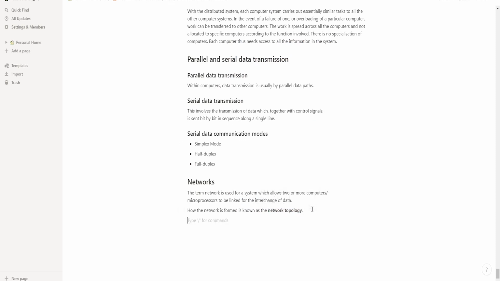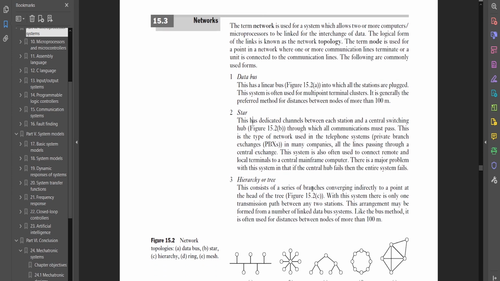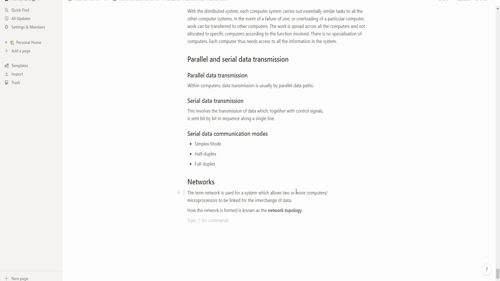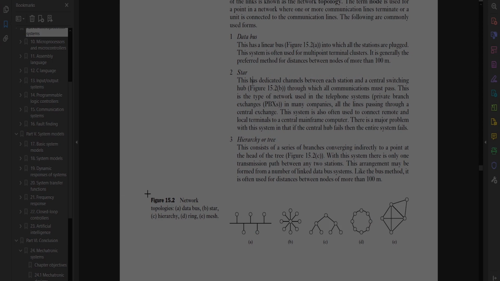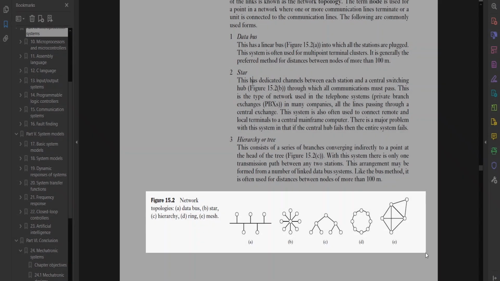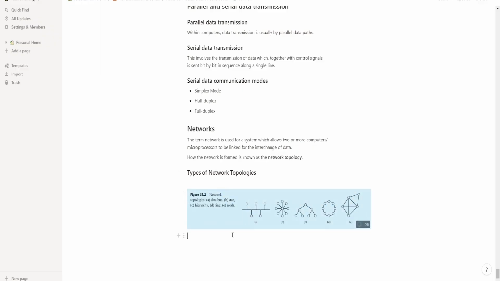Network topology. And then you've got types of network topologies. Then a screenshot of that. That's cool.